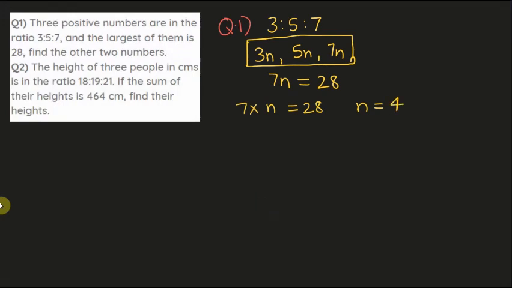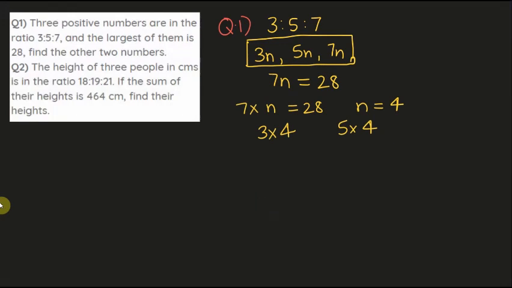Now we have this, but we don't stop here, because we need to find what the other two numbers are. The other two numbers are 3 into 4 and 5 into 4. Why is that? Because 7 is multiplied by 4 to get 28.